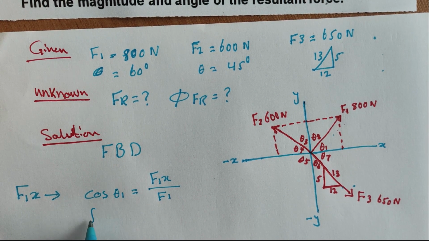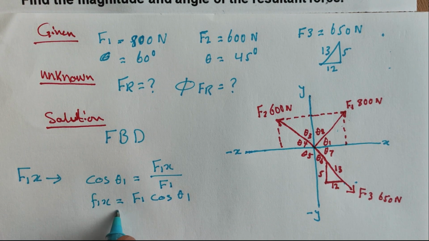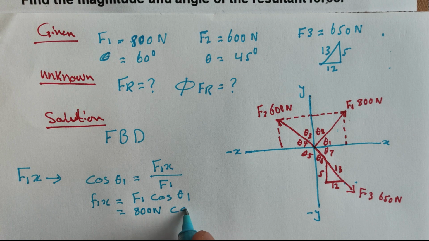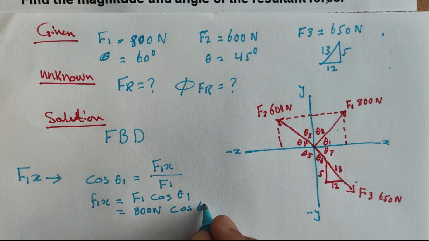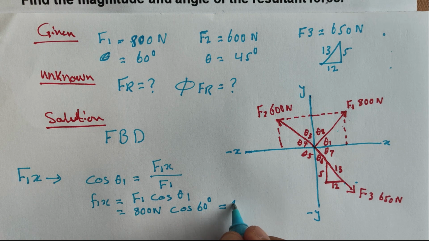So F1x equals F1 times cos theta 1. Just plug in the values: F1 is 800 Newton, and theta 1 is 60 degrees. This results in 400 Newton.